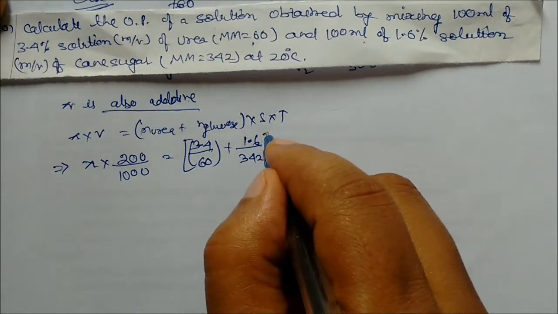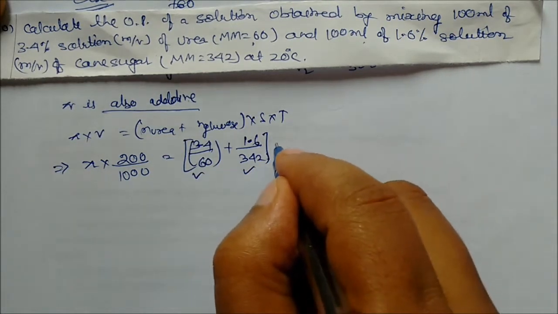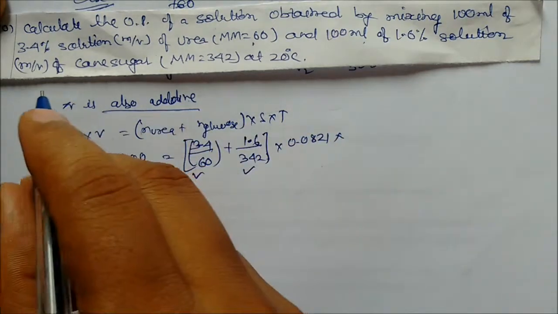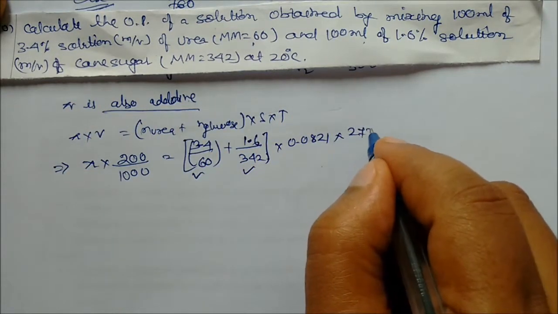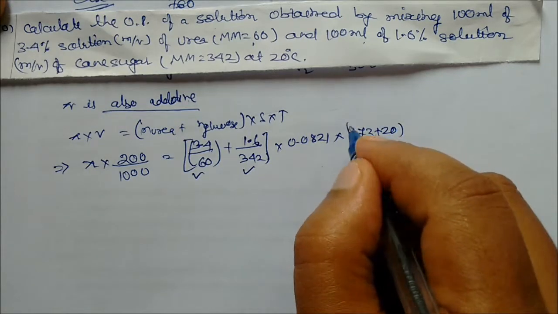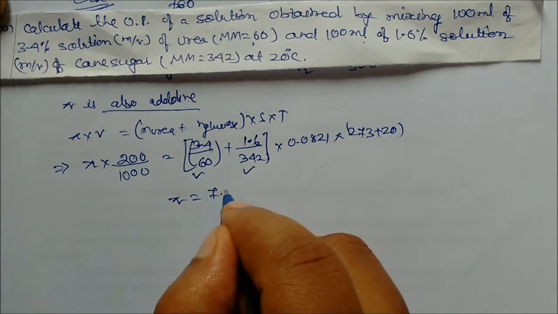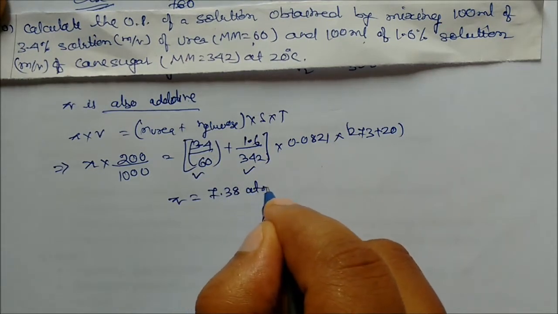The solution constant we know very well, 0.821, and the temperature is 20 degrees centigrade, so 273 plus 20. The formula is very simple. Now the calculation starts. On solving, you will get 7.38 atmospheric pressure.